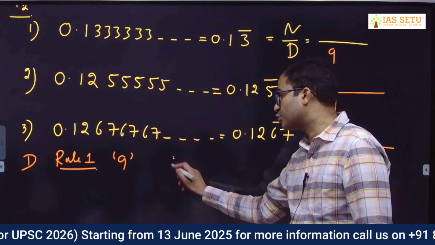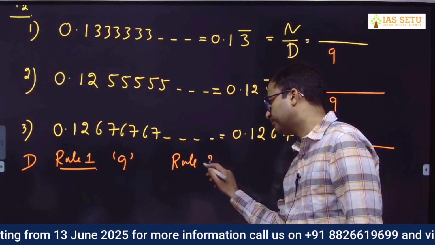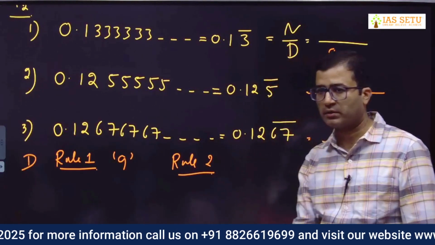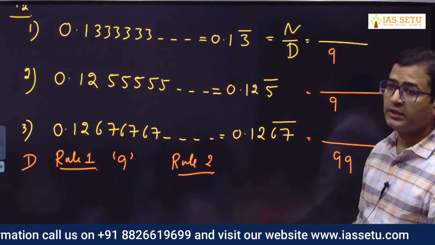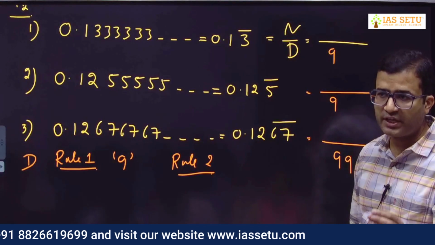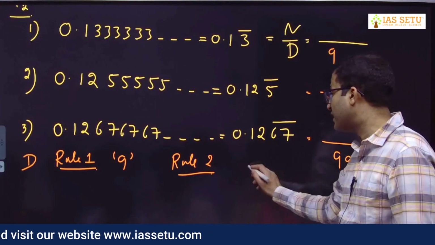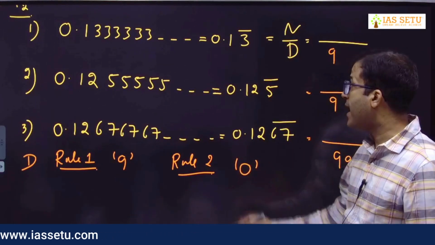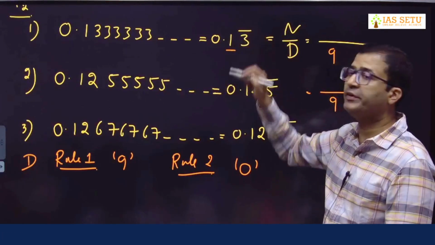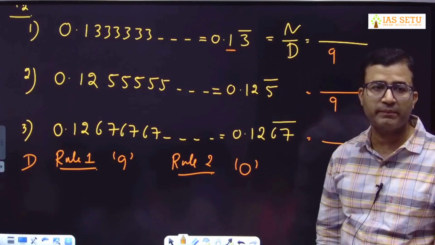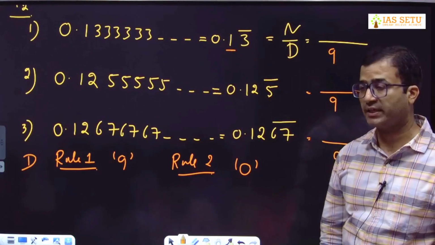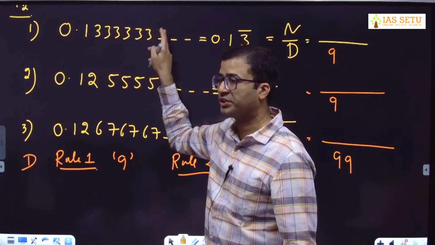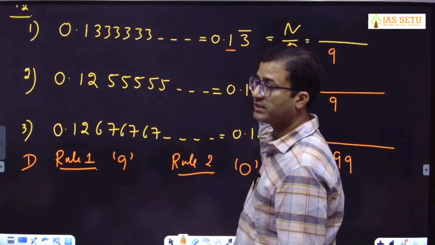Here next is rule number 2 for denominator. Rule number 2 is, after this 9 we have as many 0s as many digits between decimal and recurring part. मतलब decimal के बाद है but recurring digit नहीं है. Like this is 0.1 3 3 3. 3 we represent as 9.